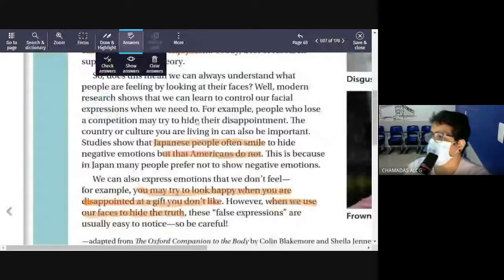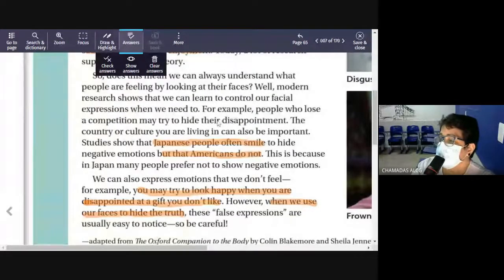So here, look. In the text, we have the example. Look, people who lose a competition may try to hide their disappointment. Okay? So sometimes they will smile to say, oh, it's okay, no problem. Isn't it, people? So this is a nice example.